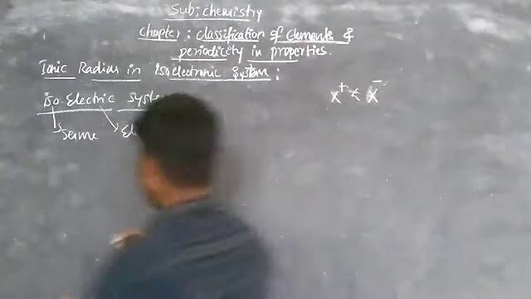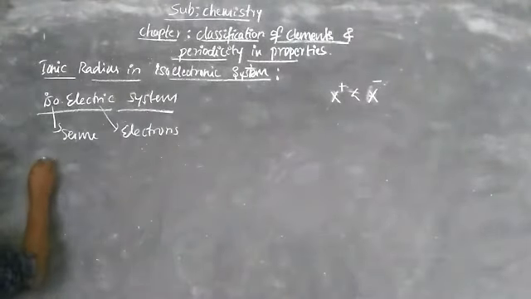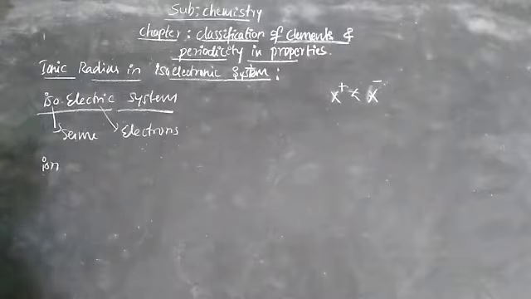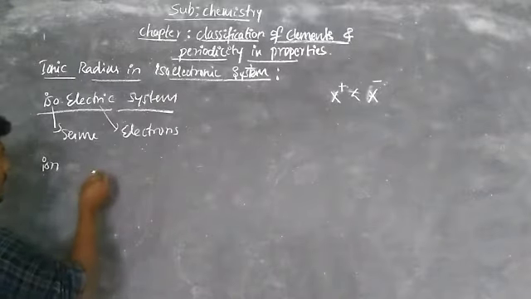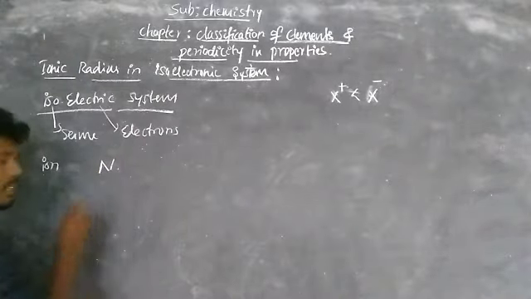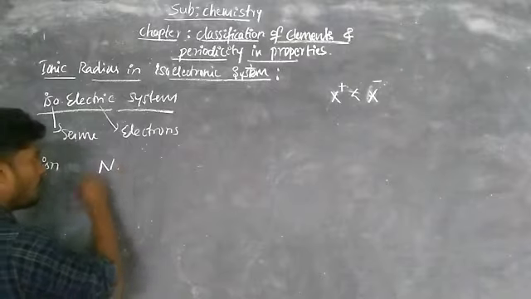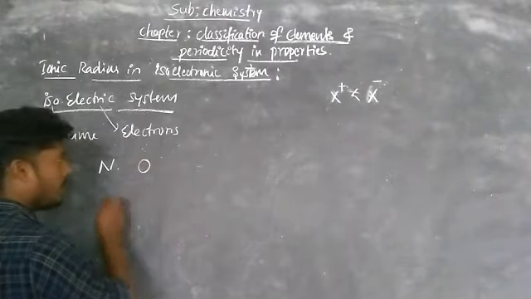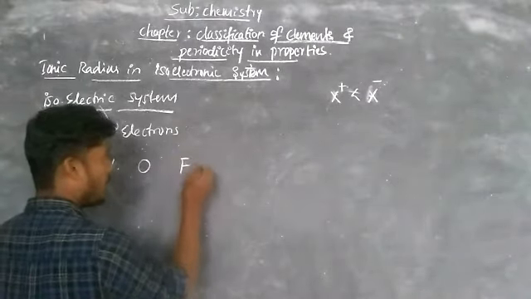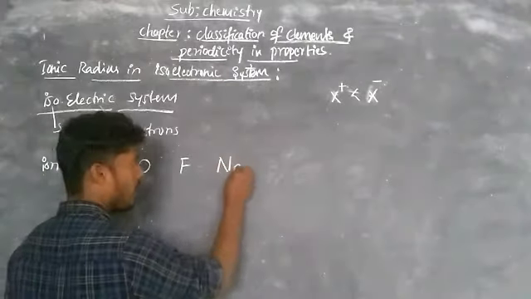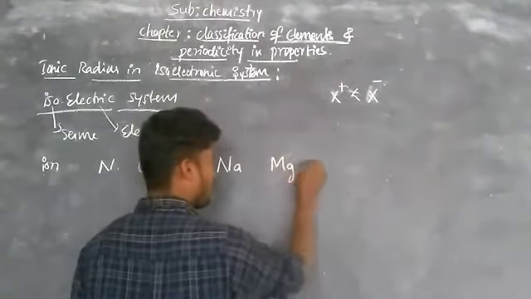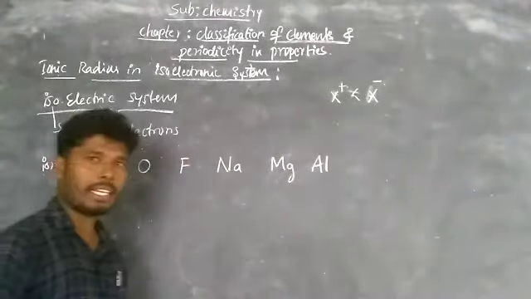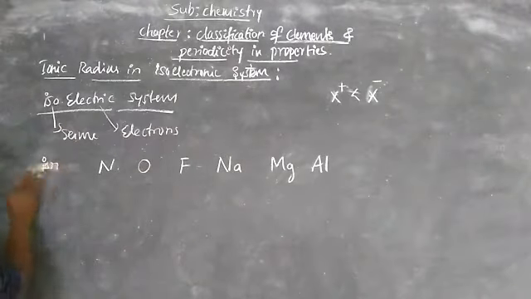Now, for example, take nitrogen, then oxygen, then fluorine, and sodium, magnesium, aluminum. Take these elements.